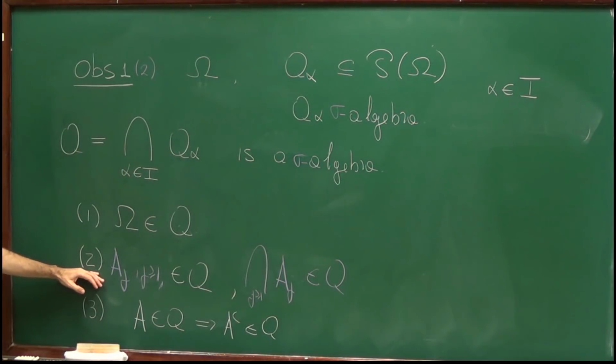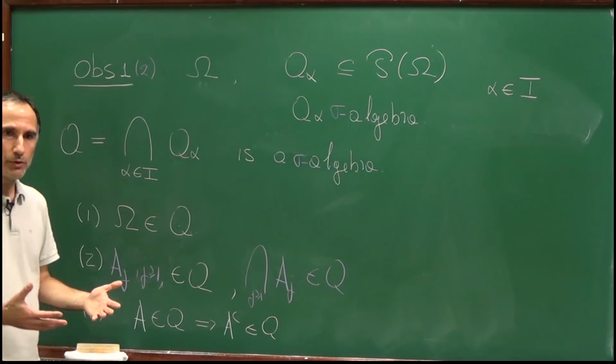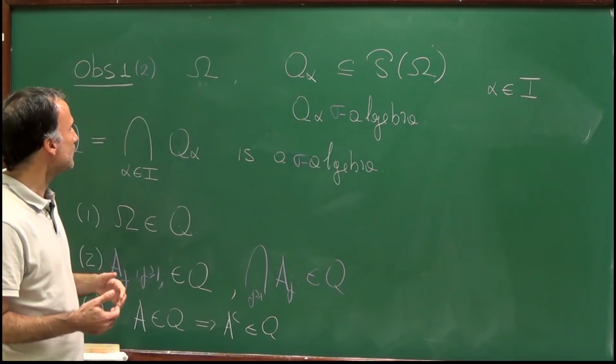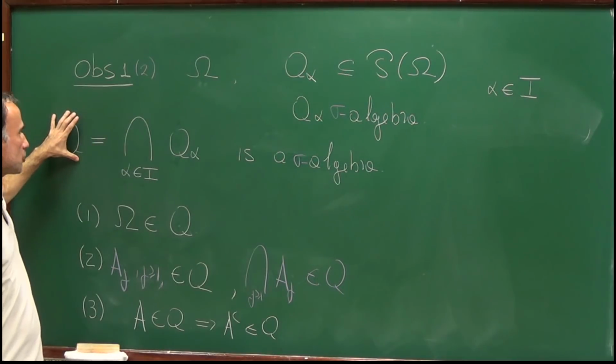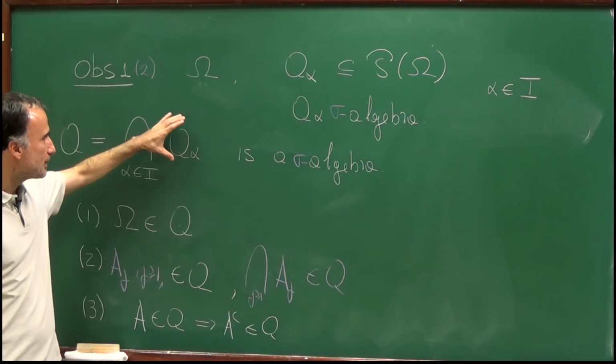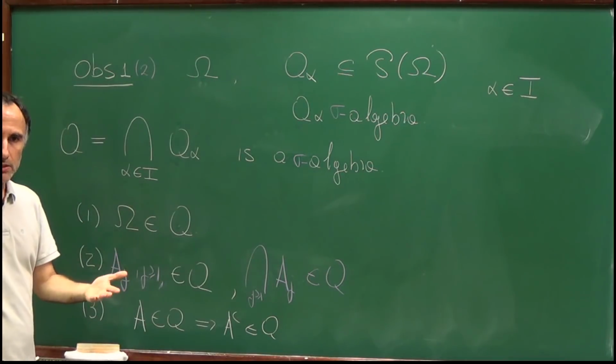So the second property of a sigma-algebra is fulfilled, and the third one can be proved as in the case of an algebra. So in conclusion, what we proved is that if I take any intersection of algebras, I get an algebra, and if I take any intersection of sigma-algebras, what I get is a sigma-algebra.